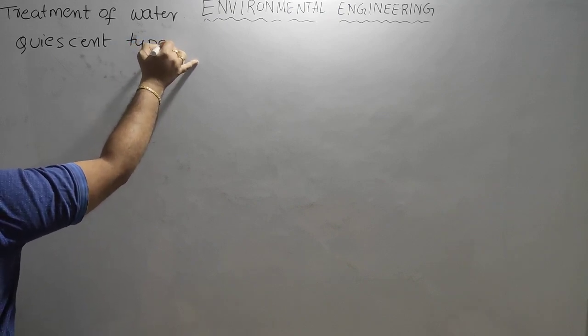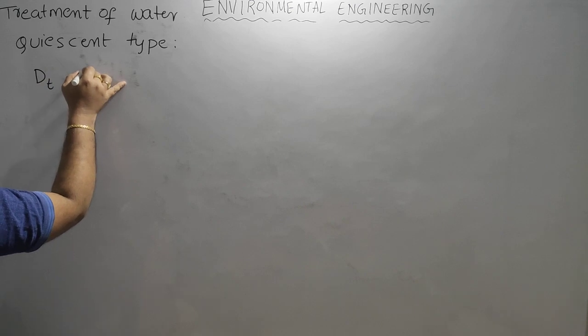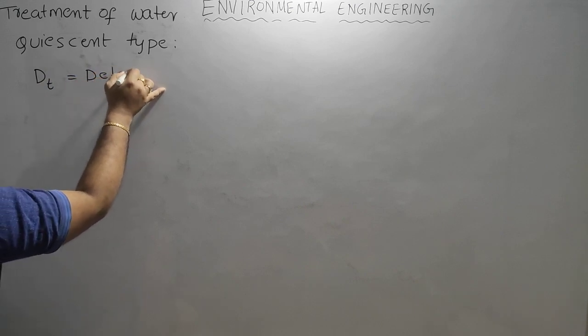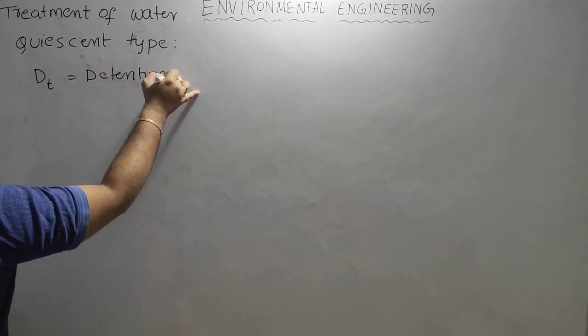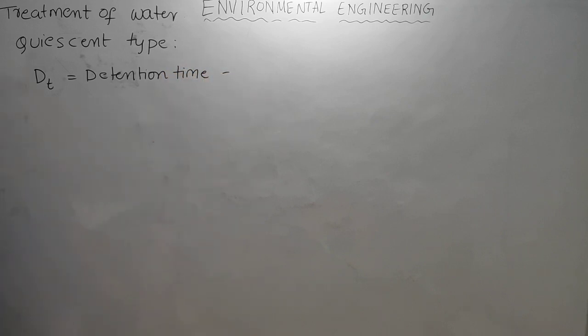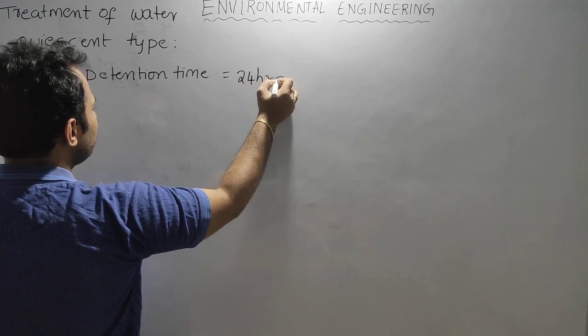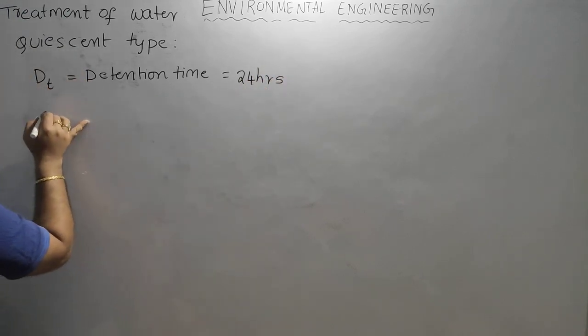Generally, the detention time, DT, of this quiescent type varies from 8 to 12 hours. Sorry, 24 hours. Detention time is 24 hours. And cleaning period.